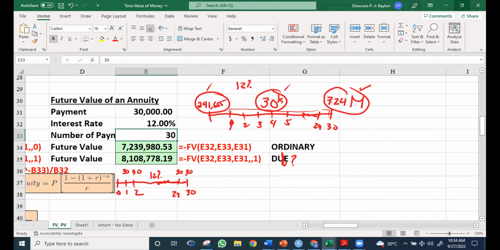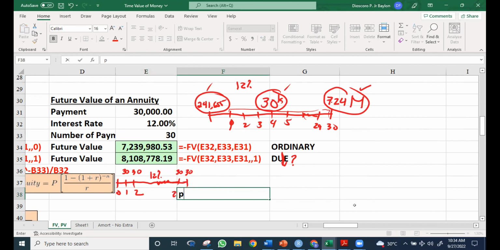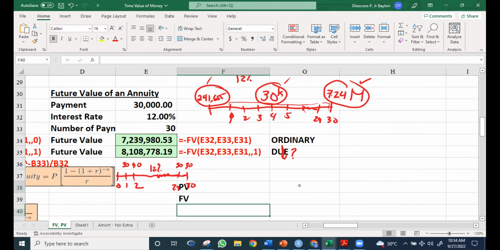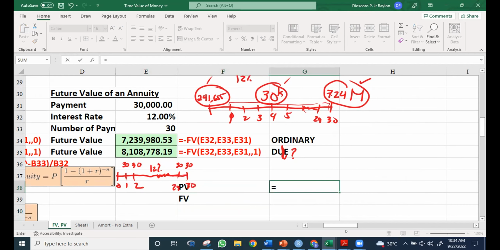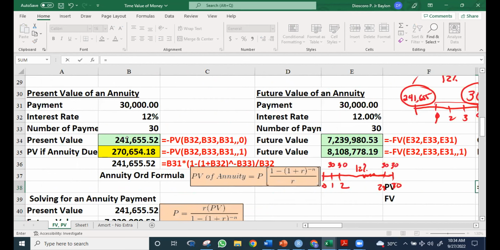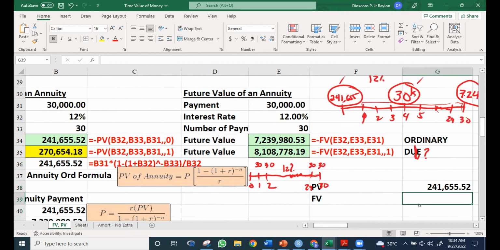Let's do that very quickly, just to show that 241,655 is equivalent to 7.24. Let me put here PV, and then FV. Our present value is equal to this one, 241,655.